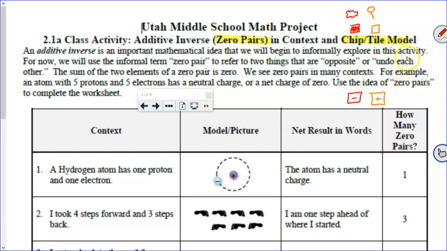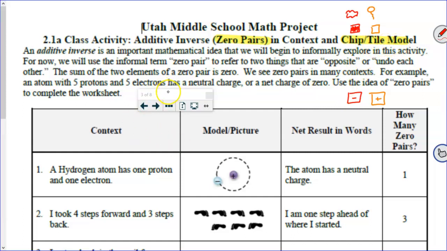Since you probably don't want to be switching back and forth every problem with red and yellow colored pencils, ways that you can do it that are quick, like this, positive is unshaded, colored in is the negative, or positive with the positive symbol and negative with the negative symbol. Or if you really like this rock and balloon analogy that we talked about last class, then you can continue to draw them out like that. So when we're talking chip and tile model, that is what we are referring to.